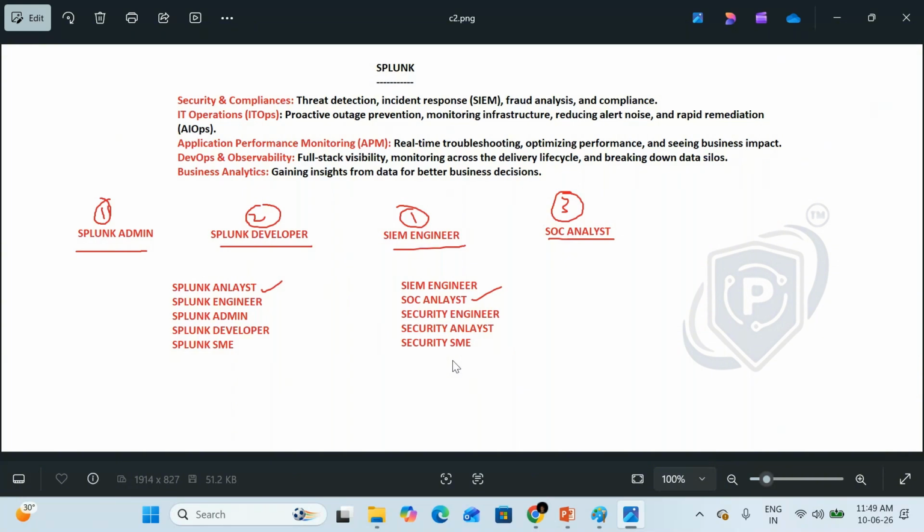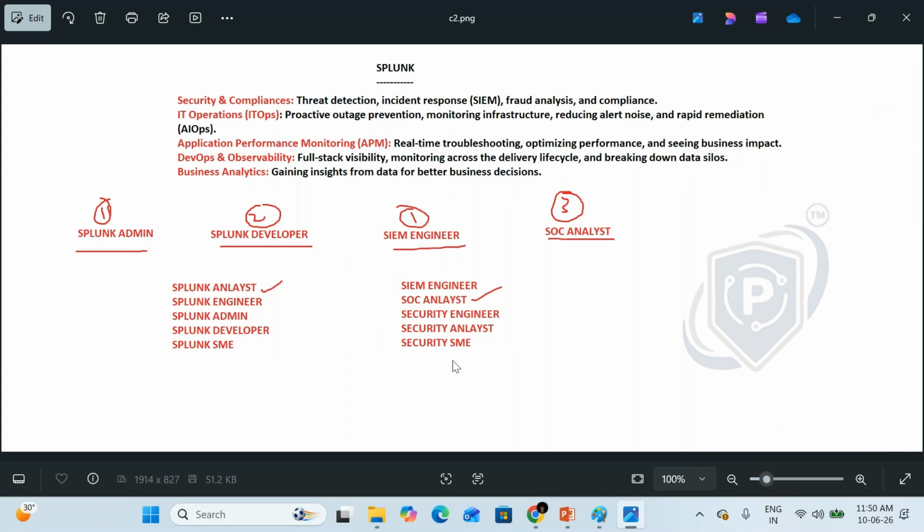So for that, first I am going to teach you entire Splunk, and you will become a Splunk analyst, a Splunk engineer, or a Splunk developer. With this knowledge, I will explain security knowledge, and combining both, we will do SOC operations. So we have an option of 3 stages. The first 50 days, Splunk I will teach.